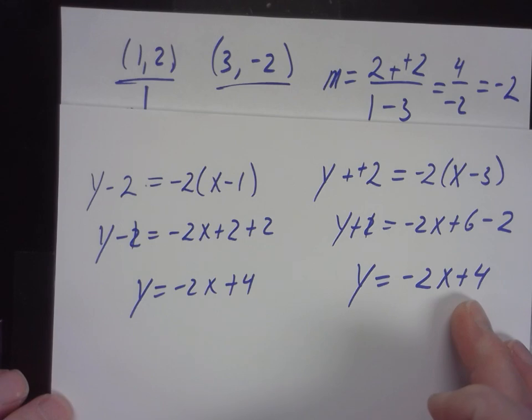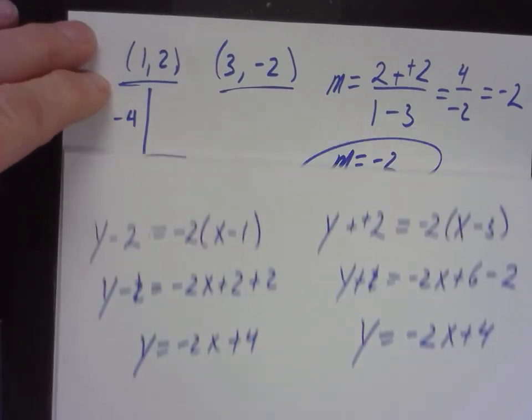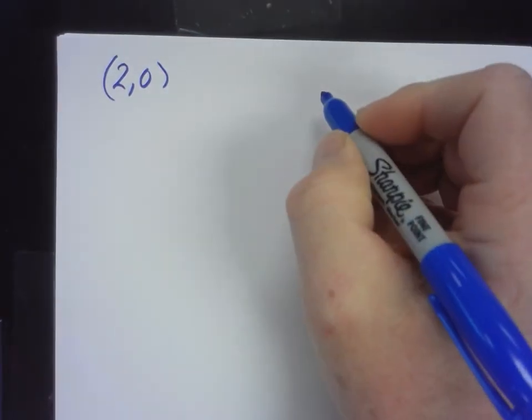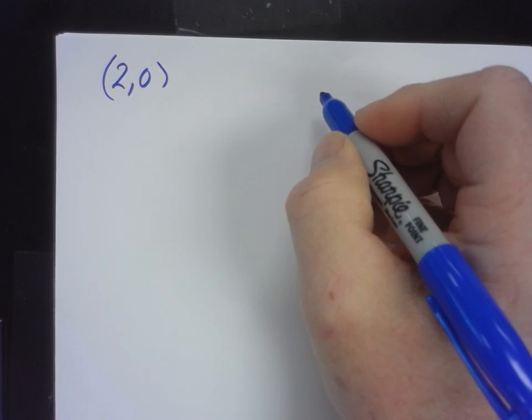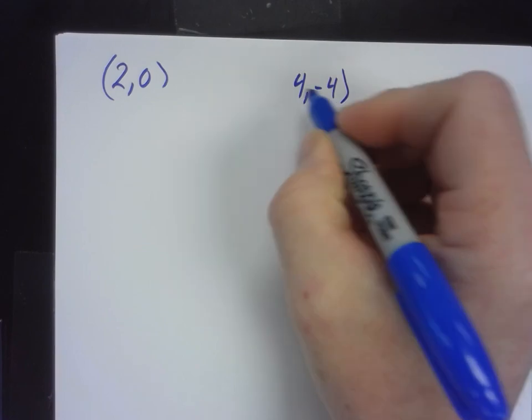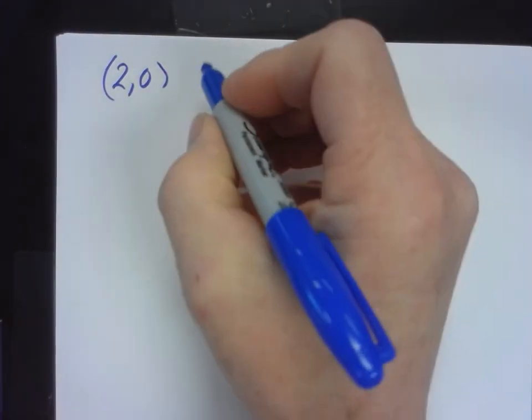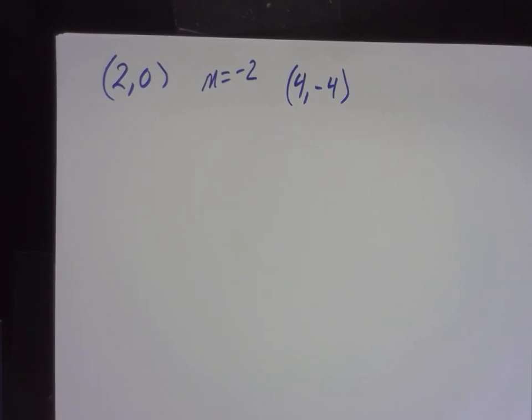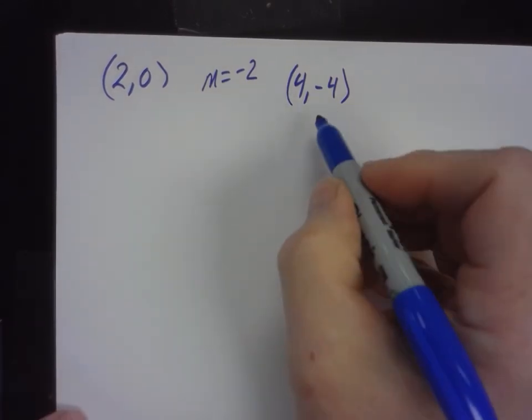Okay. But let's just look on that line for a minute. Can you guys pick out a different point that is certainly on that line? 2, 0. Okay, I heard 2, 0. There's one. Can you see a different point that's on the line? 4, -4? If I used either of those 2 points and the same slope, should I come up with that same equation? Yeah, and I'll just use this one because it looks harder.